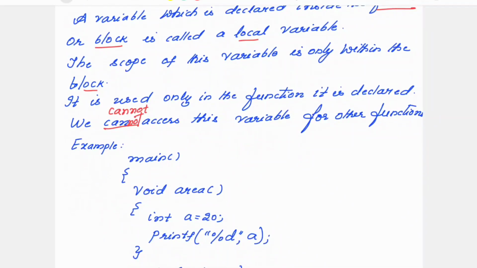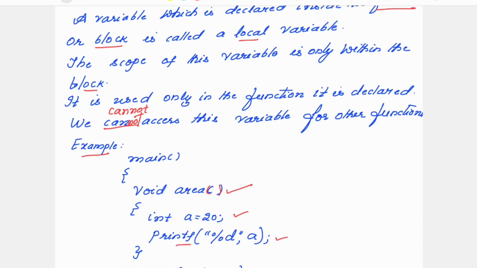So here let me give you one example. We have a main function here, and inside the main function you have a function called area. This is the name of the function. It may be the area of a square or the area of a triangle, anything. I am just writing the name of the function as area. In this function, I am declaring a variable a equal to 20 and immediately printing the value.